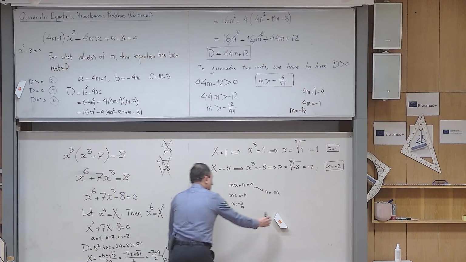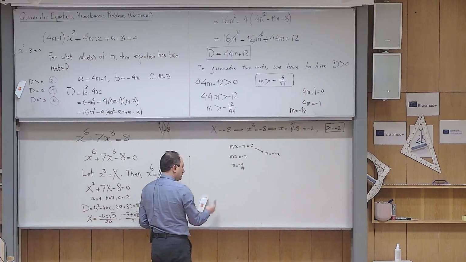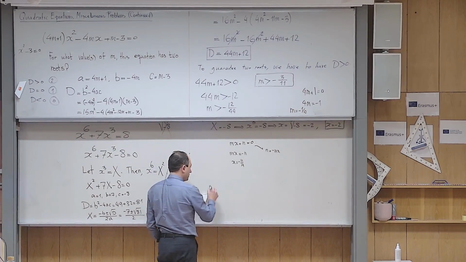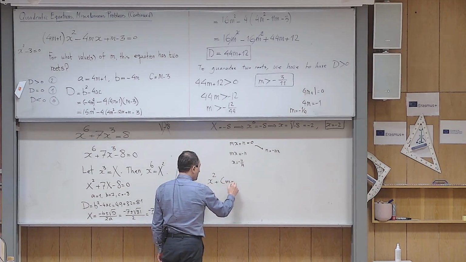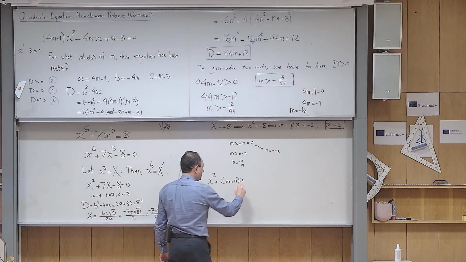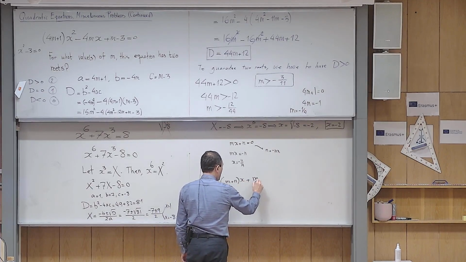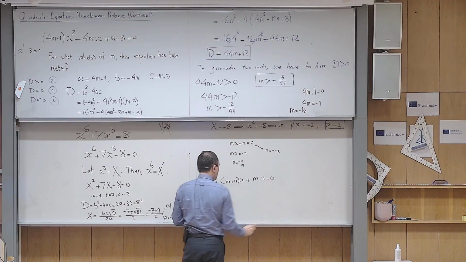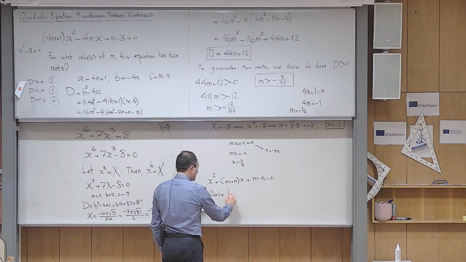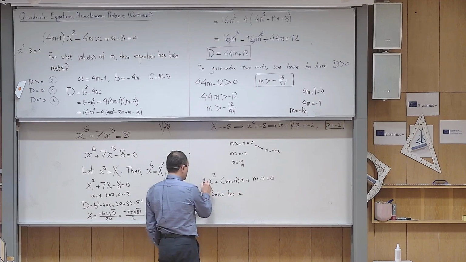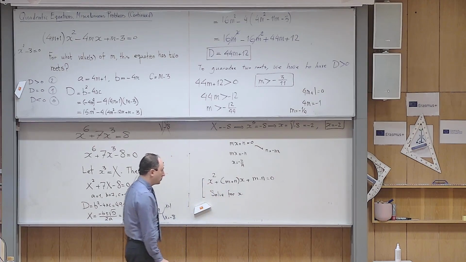So now I write an equation for you. Without my help, I want you to solve it. I write x squared plus m plus n x plus m times n equals to 0. And I ask solve for x. This is the example. Work on it.